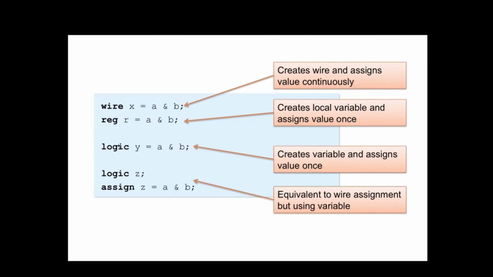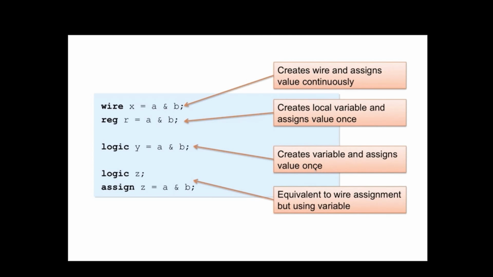Since you can use a logic effectively as a wire for a point-to-point connection, you might think that the same kind of thing happens, but it doesn't. It basically acts like a reg, in that if you create, in this case, logic Y, and we assign it to be A and B, it creates the variable and assigns the value once.